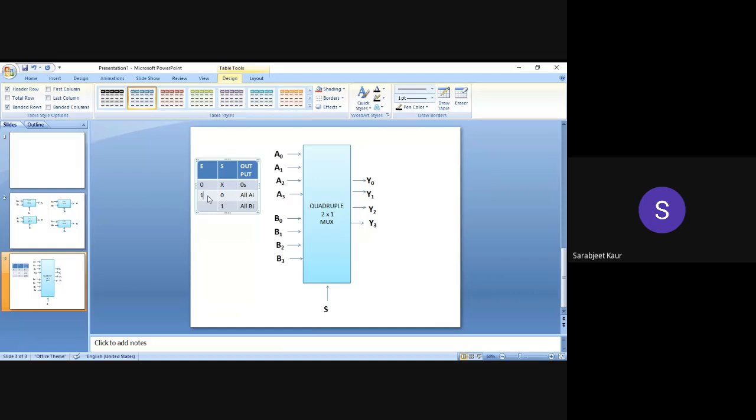But when E is 1, then the normal function of the circuit will resume. Is this clear? So this enable input is not just for this quadruple 2 cross 1 mux that you're looking at on the screen, but you'll find this enable input at many places, in many other circuits as well. Is this clear, students?